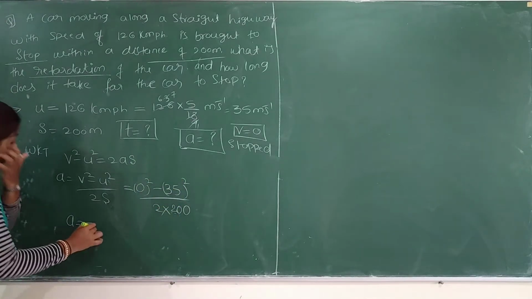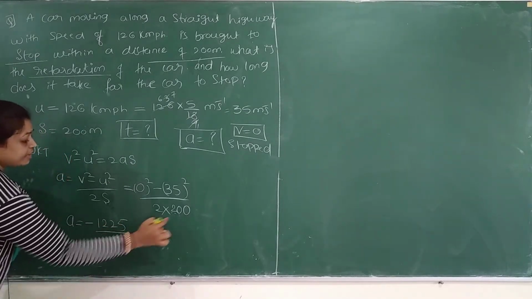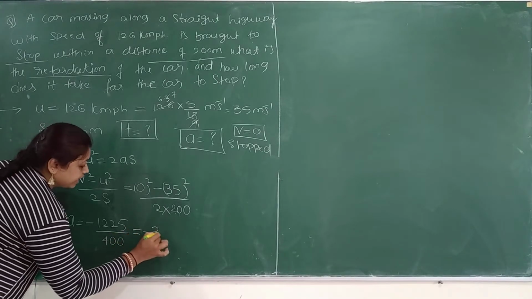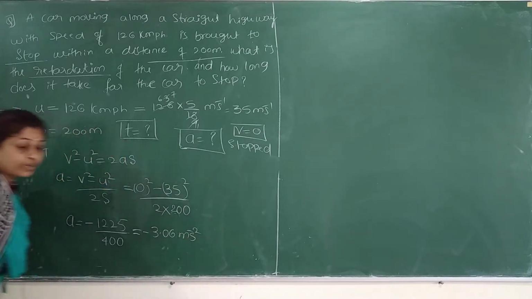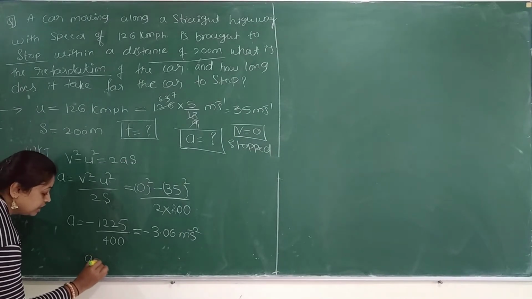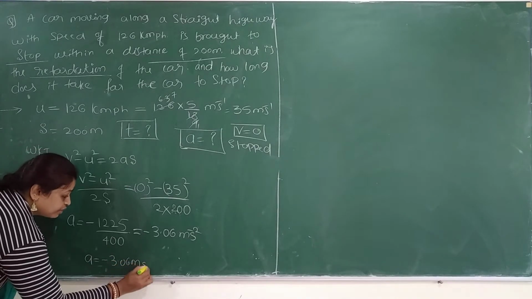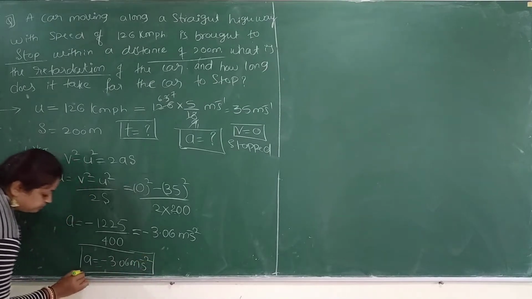If you square it, you will get 1225, divided by 400, and the final answer is minus 3.06 meter per second square. So the retardation is negative, that will be 3.06 meter per second square. This is your required answer.